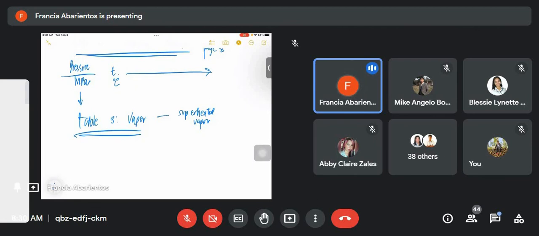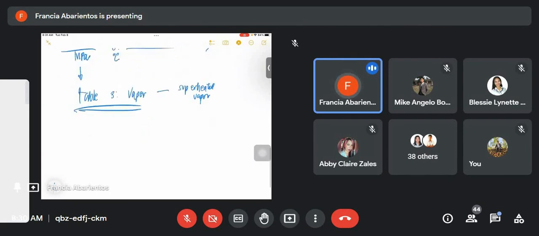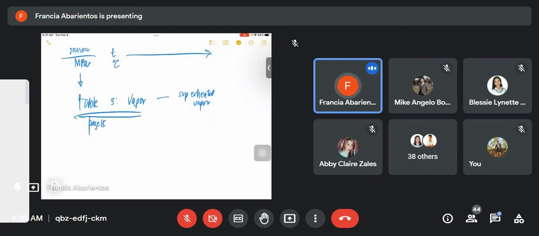Pero eto class, paano pag-read nito? Sa page 15. Punta kayo dun sa page 15. Pakita ko lang. Ayan, this is page 15, table 3. From your left side, right side, given sa atin yung pressure, doon po tayo, guide natin papunta dito. Okay?